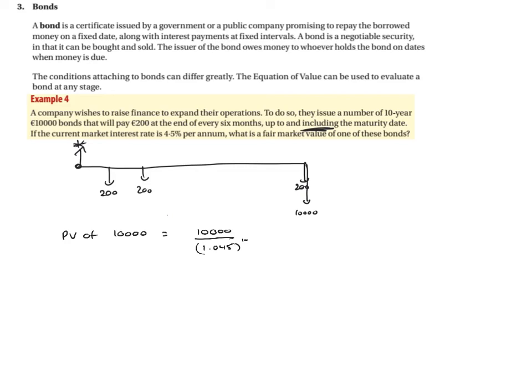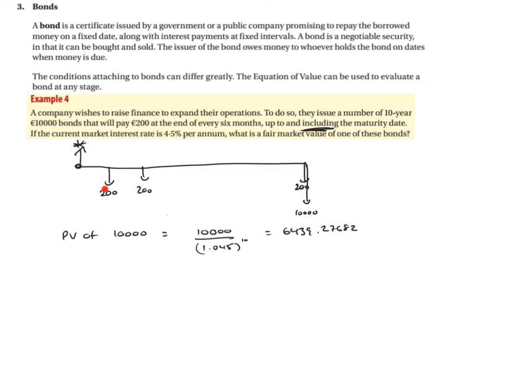We can use the AER there, and we stick that into our calculators. It's 6439.27682. So in order to get 10,000 in the future, that would be worth 6439.27, or 28 cents, today.